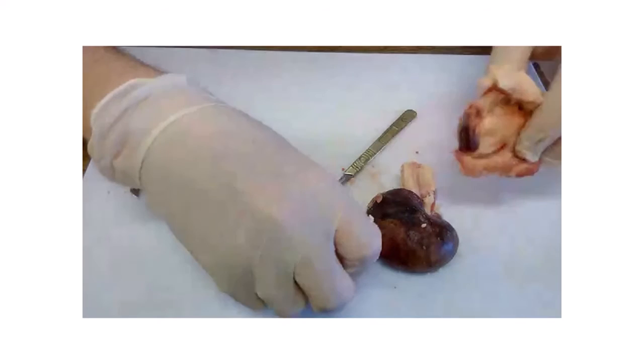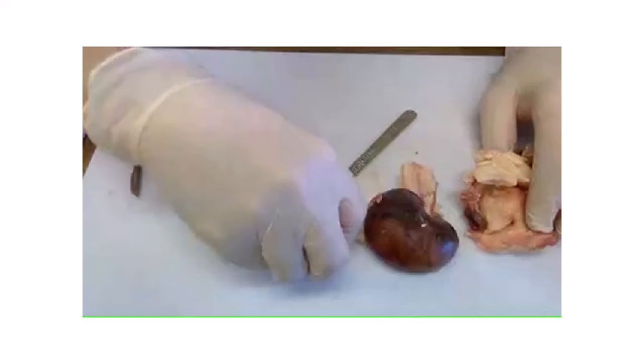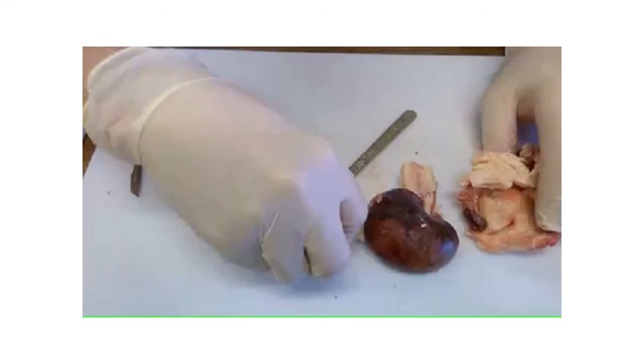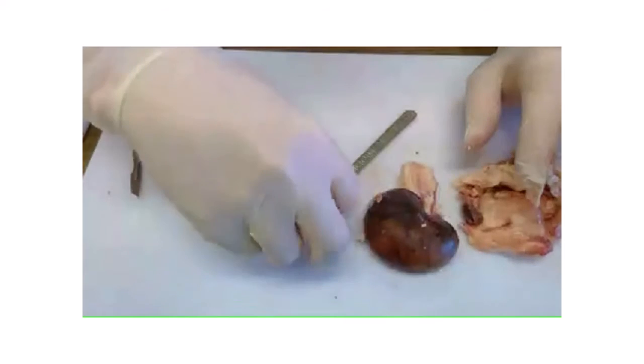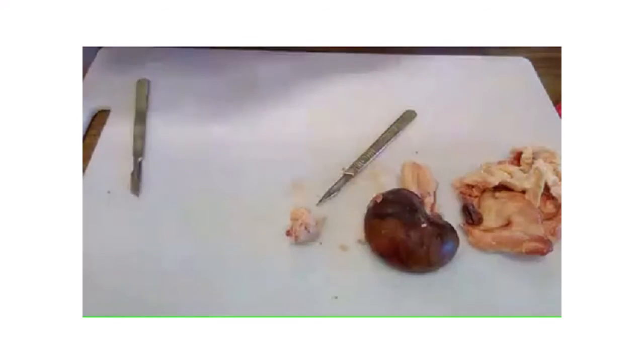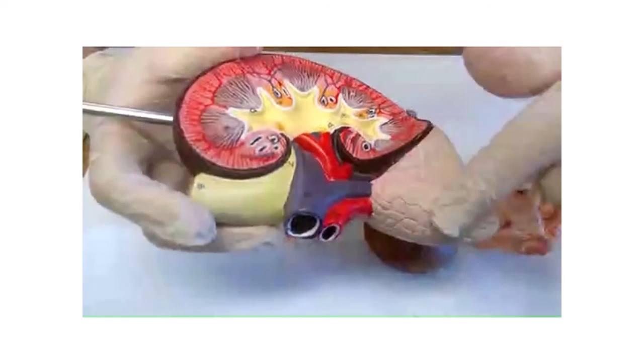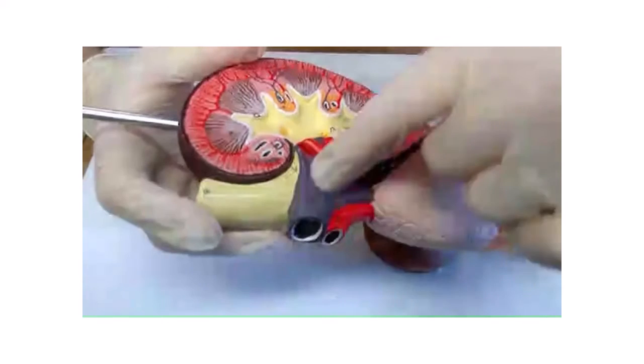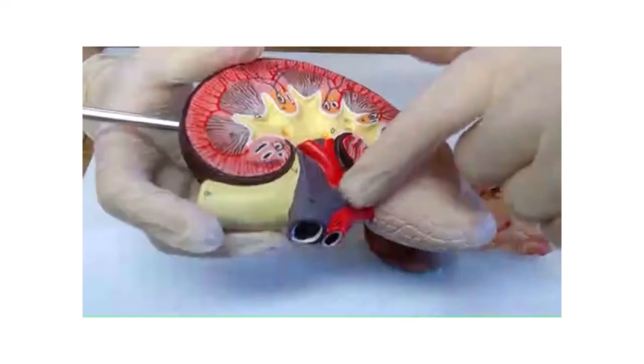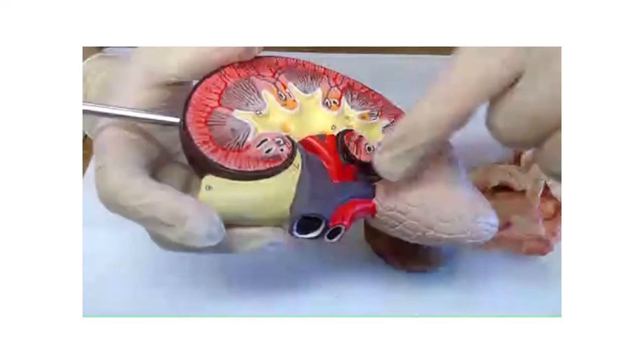So is that where your adrenaline comes from? Beg your pardon? Is that where your adrenaline comes from? Yeah, that's right. Your adrenaline comes from there. And if we look at the actual model of the kidney, we'll see that the adrenal gland is right next to the renal artery, so it carries blood to the heart within about a second and a half.